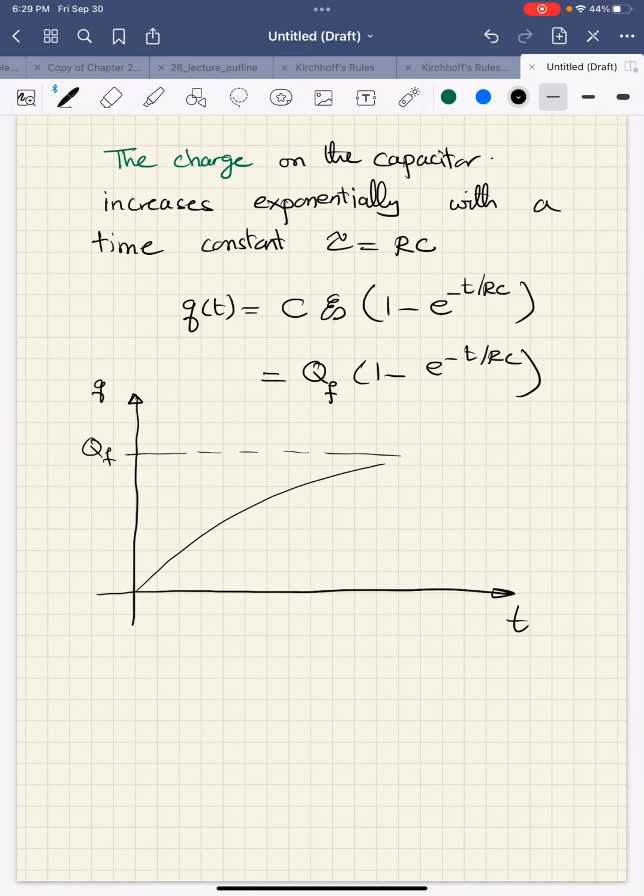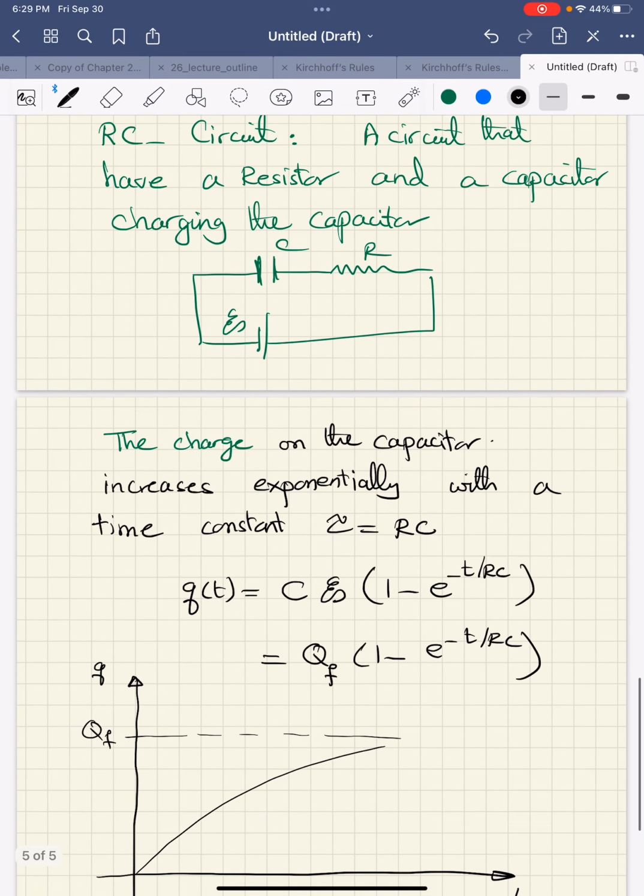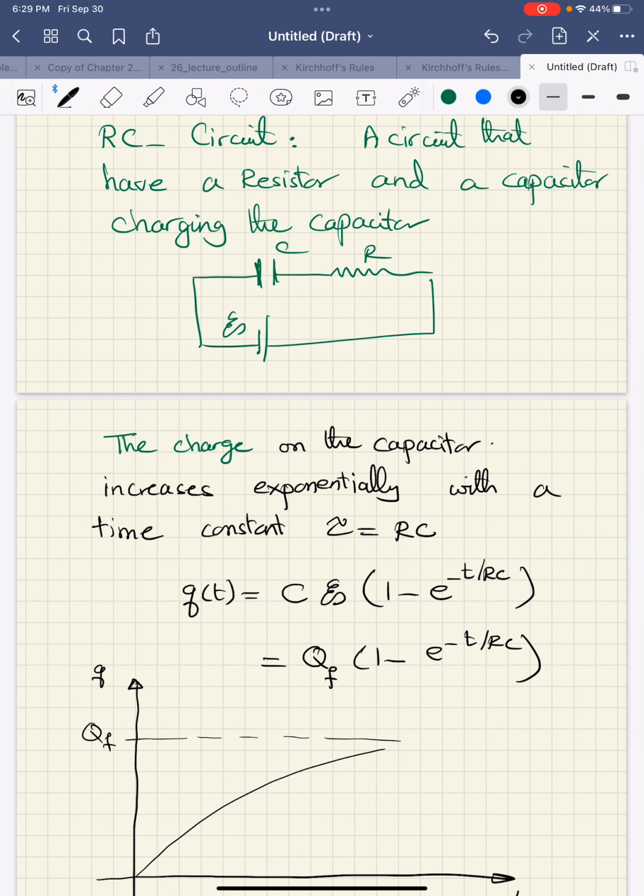All right, for my circuit, we can start with the EMF, and the current is going to be 0, and then Q will be 0.